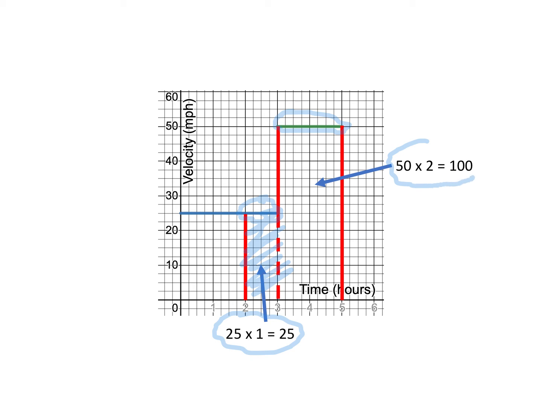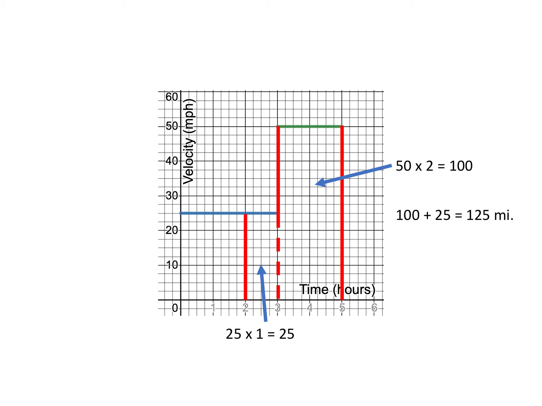So 50 miles per hour times 2 hours, or in this case, from 3 to 5, he travels 100 miles, okay? So the area under these two curves we can use to determine the total distance he traveled from 2 to 5 o'clock.